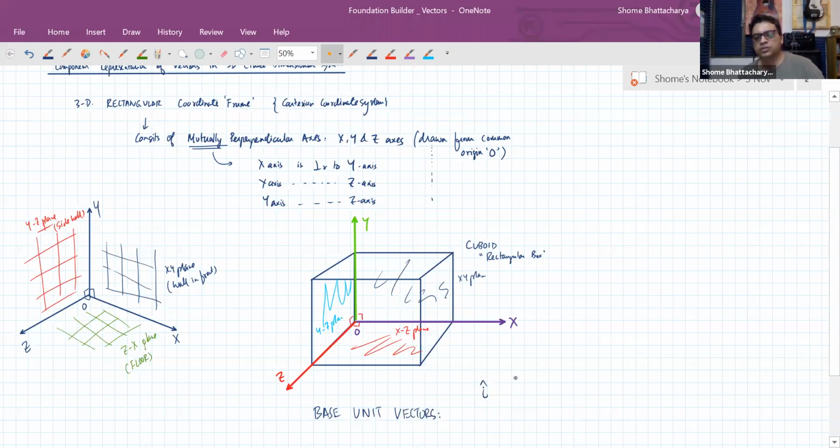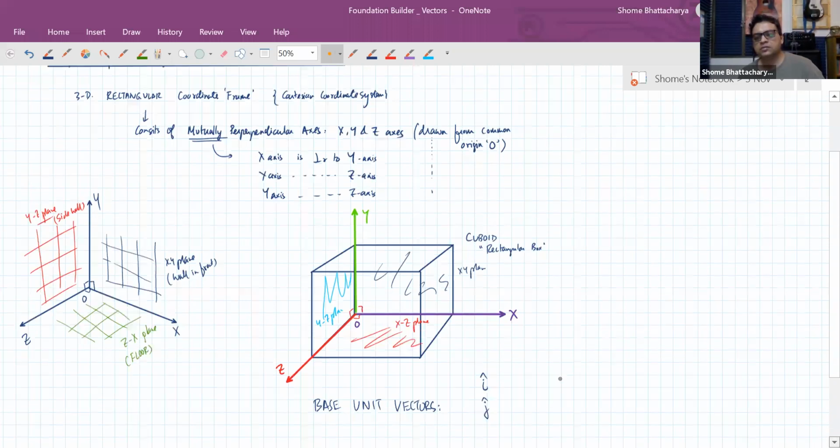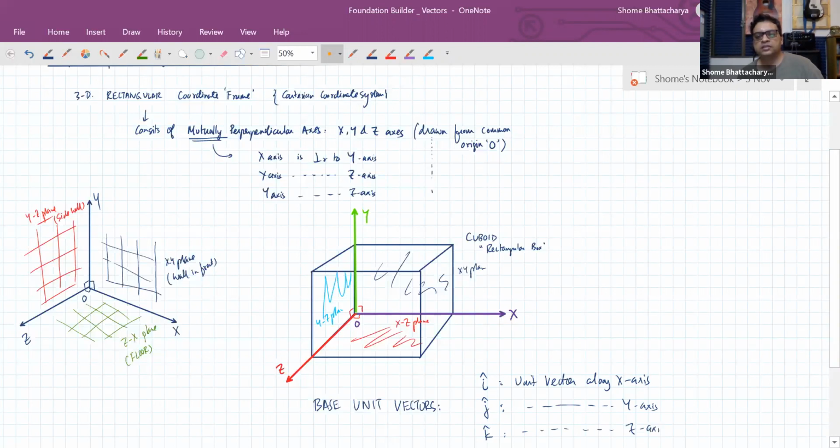So these are the unit vectors along the x-axis, the y-axis, and the z-axis. These are the mutually perpendicular unit vectors.